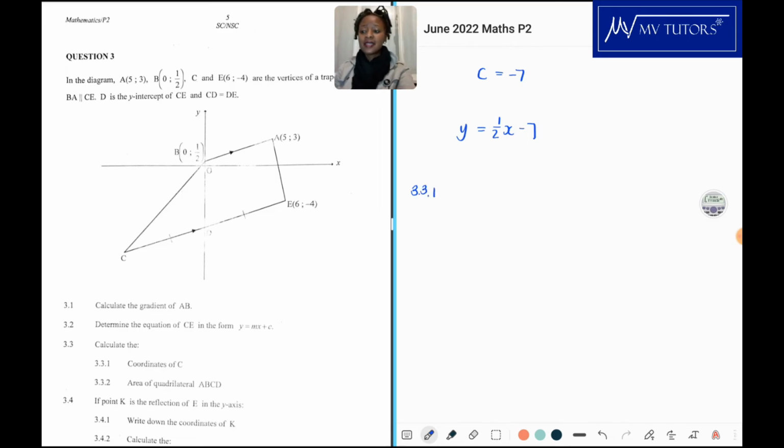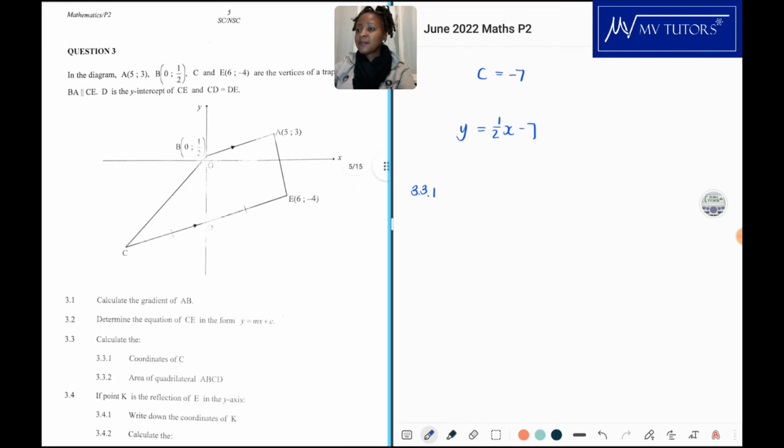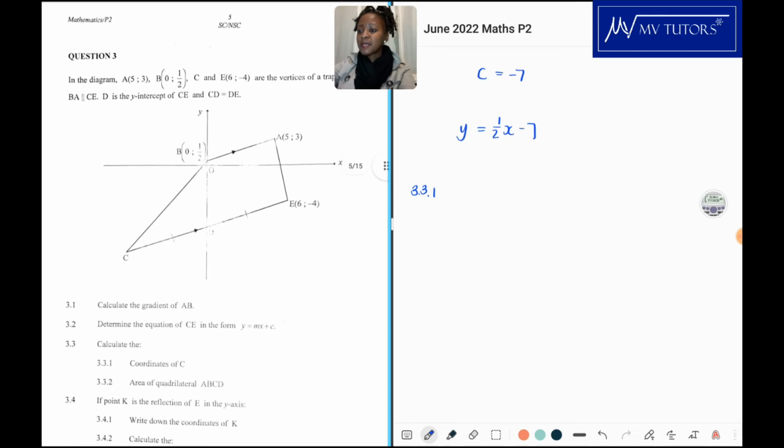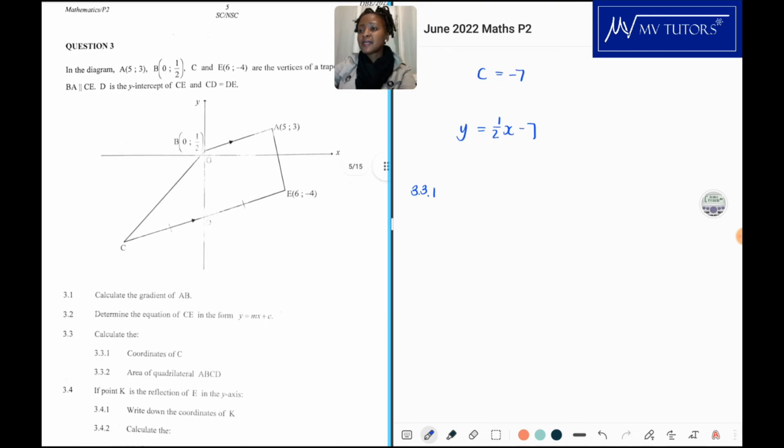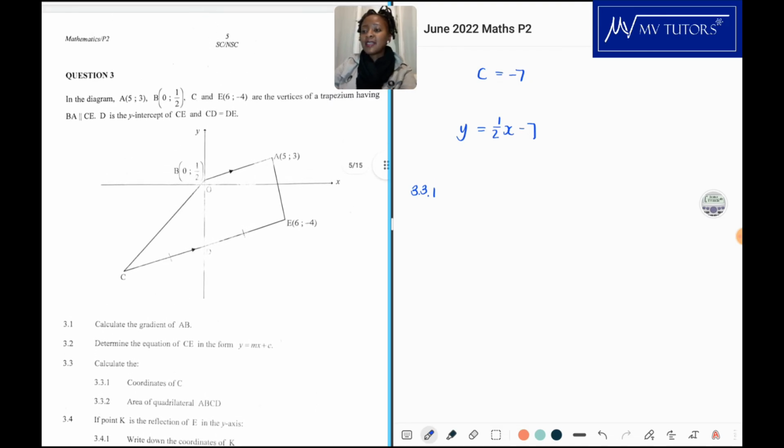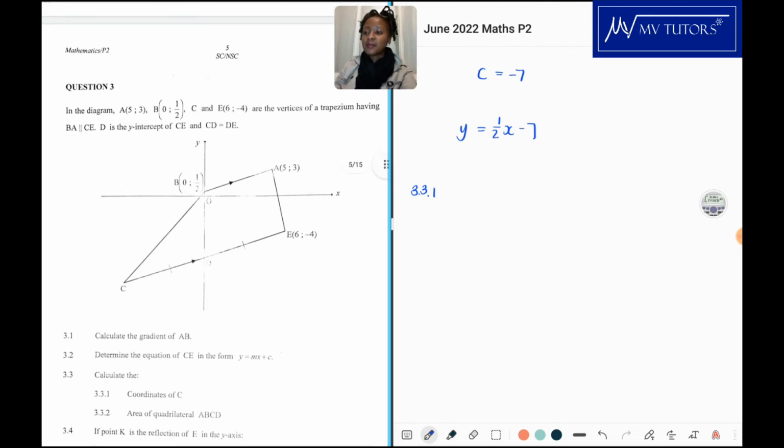So now it says calculate the coordinates of C. Okay, so what did they tell us here? They didn't tell us explicitly, but we can see that CD, oh, they did. D is the y-intercept of CE.